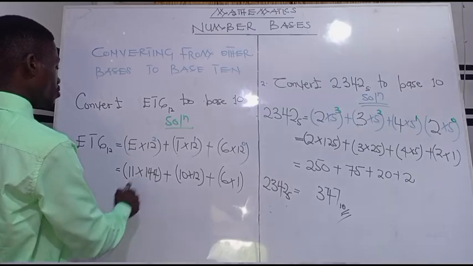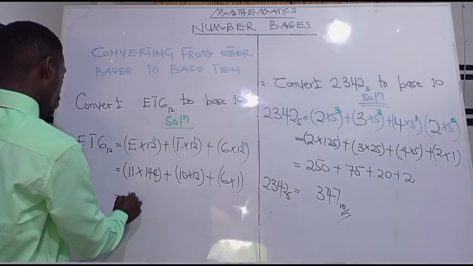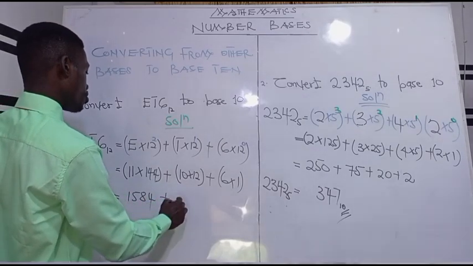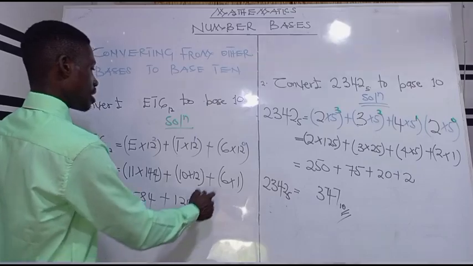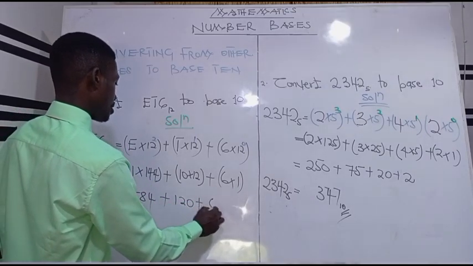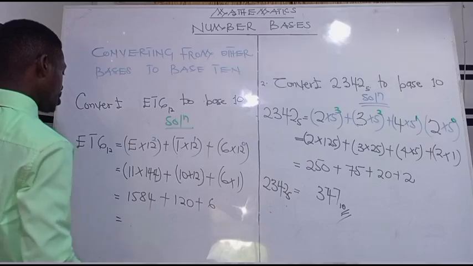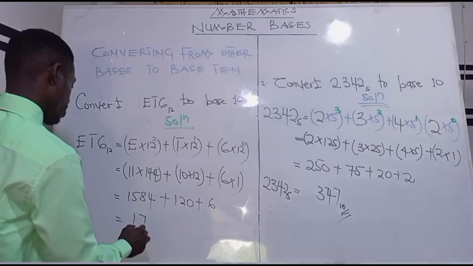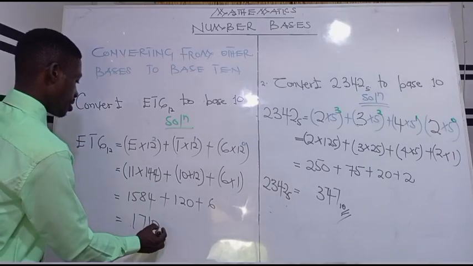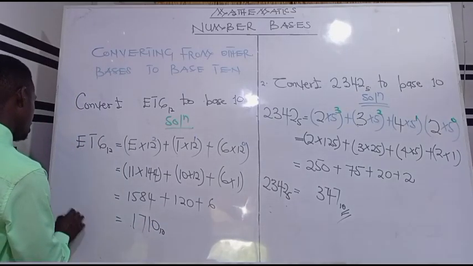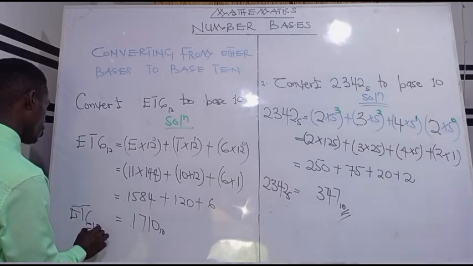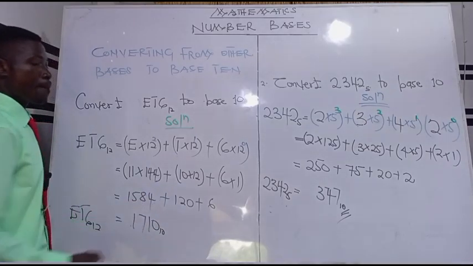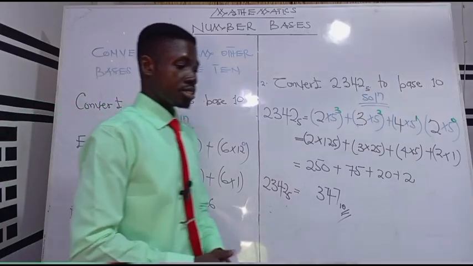So we have 11 times 144 will give you 1584, plus 10 times 12 will give you 120, and then 6 times 1 will give you 6. So when you punch your calculator, I think you are going to get 1710 base 10. So we can therefore say that ET6 base 12 is equal to 1710 base 10. Very, very good.